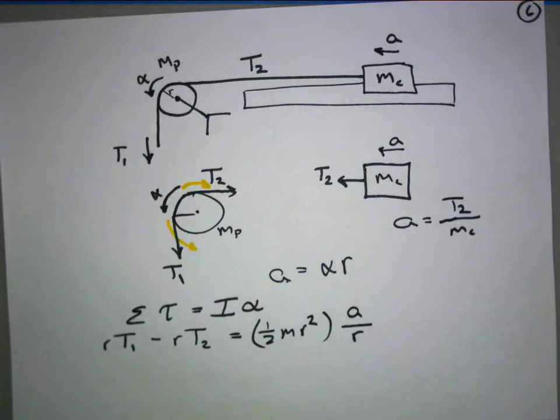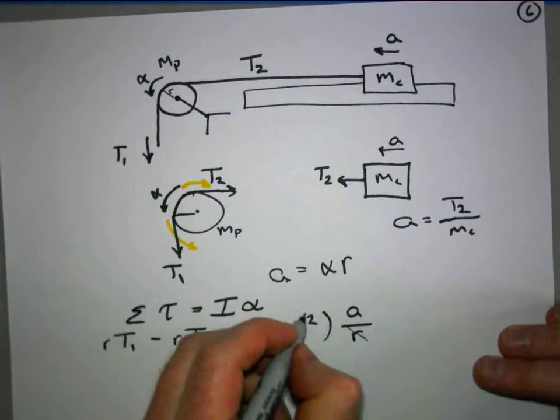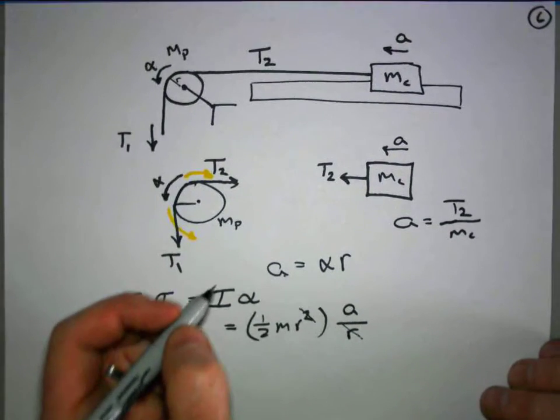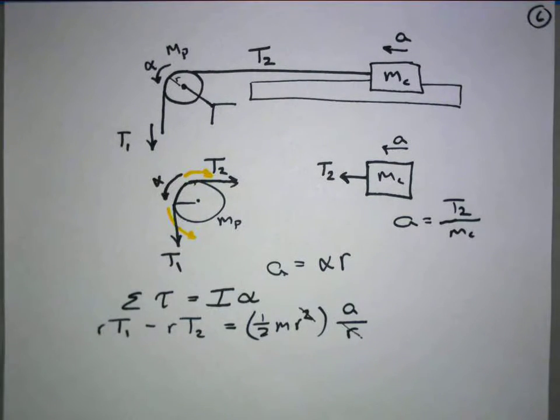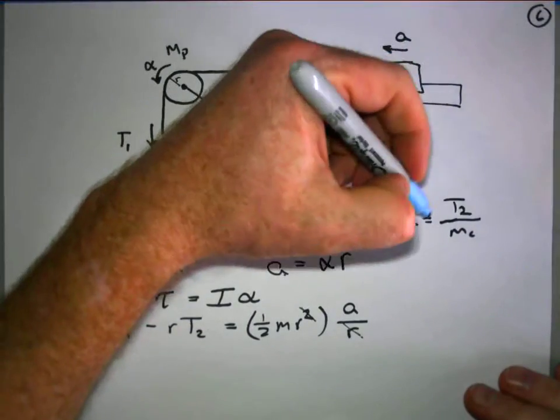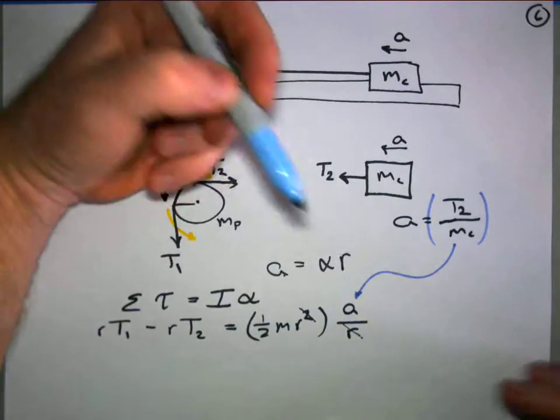We're going to start to see this simplify a bit. For example, this radius in the denominator cancels one of those. And also, I have an acceleration, but I can make a substitution. This is kind of neat. I can substitute this business in for that acceleration.